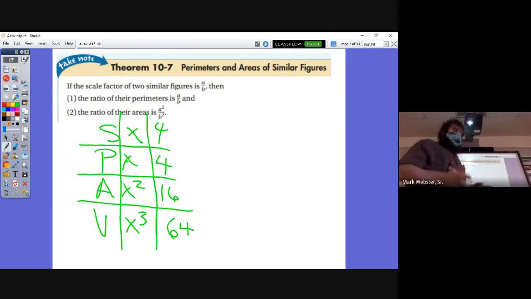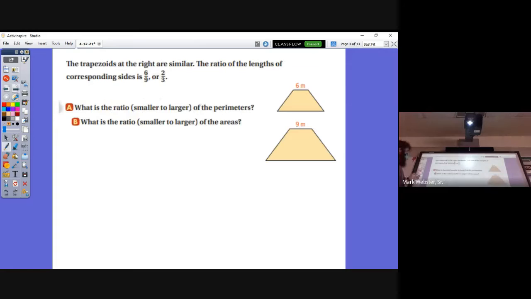All right. So let's look and see how we do these. So look, they give you a whole bunch of information. They actually tell you this, but they don't even need to tell you this because you've got the picture right here, right? So like they tell you, okay, 6/9, whatever.